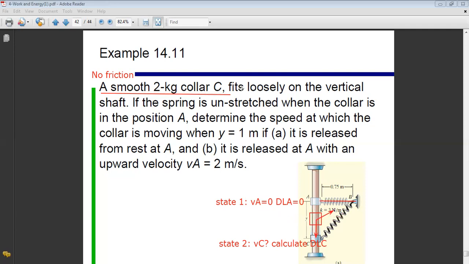So I will just now keep N. So N is like this here, from the surface on the collar. But what is the work of N? What is the work of the normal reaction in this problem?